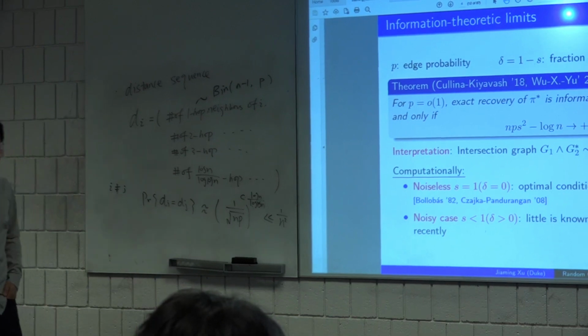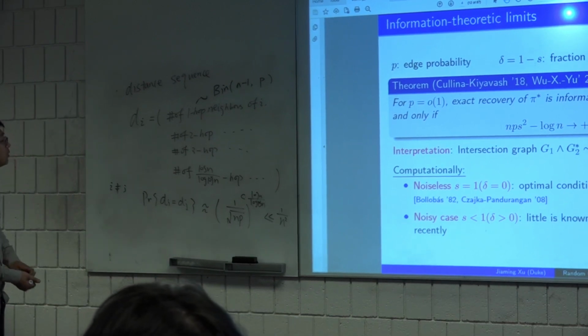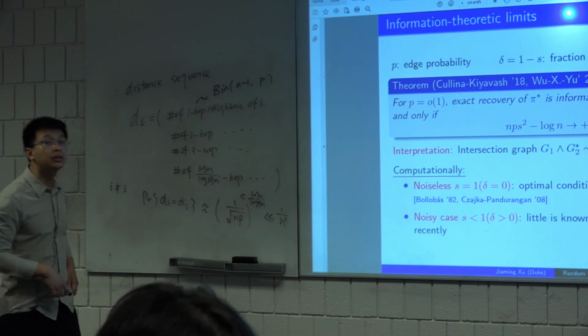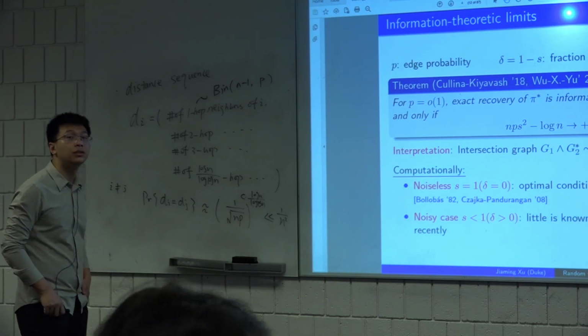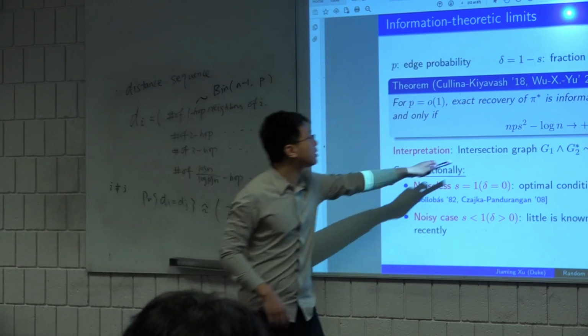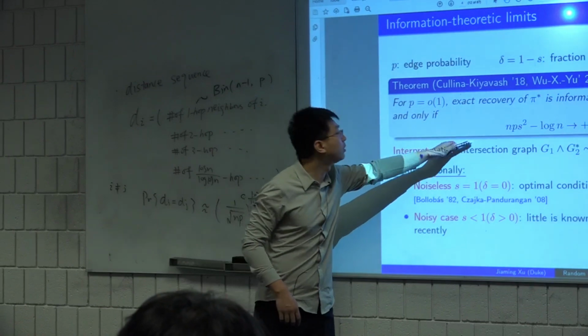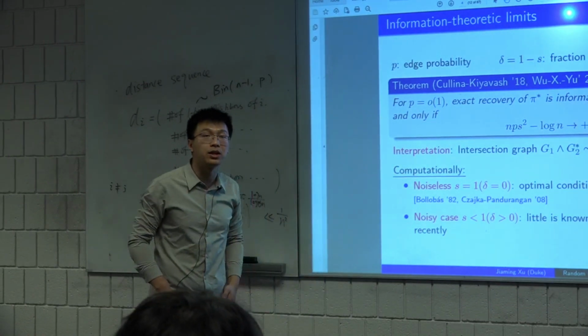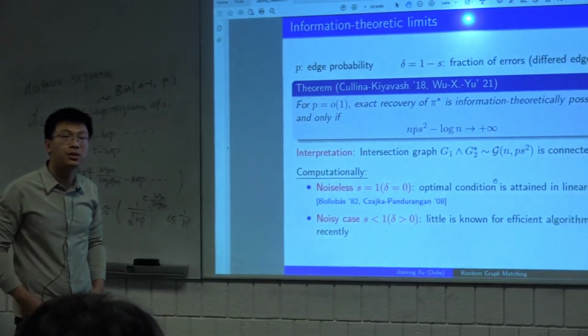Yes? So clearly, if you have two isolated vertices, you'll fail. Is there a hitting time result that says if you don't have two isolated vertices, you'll succeed? One thing I should say is I'm working under the condition that NP minus log n goes to infinity, so there's no isolated node.